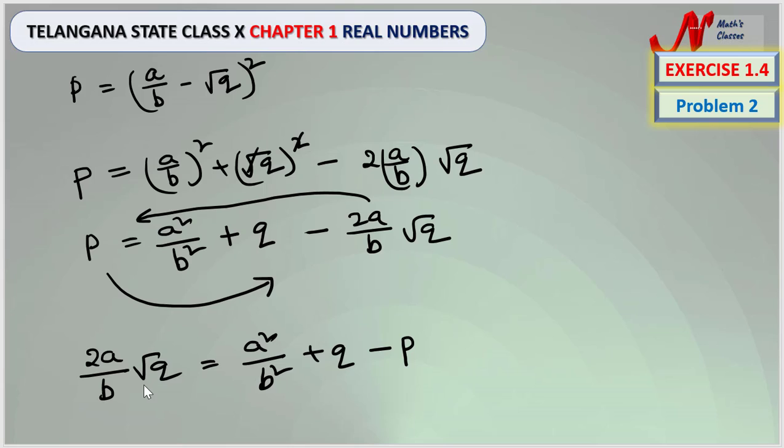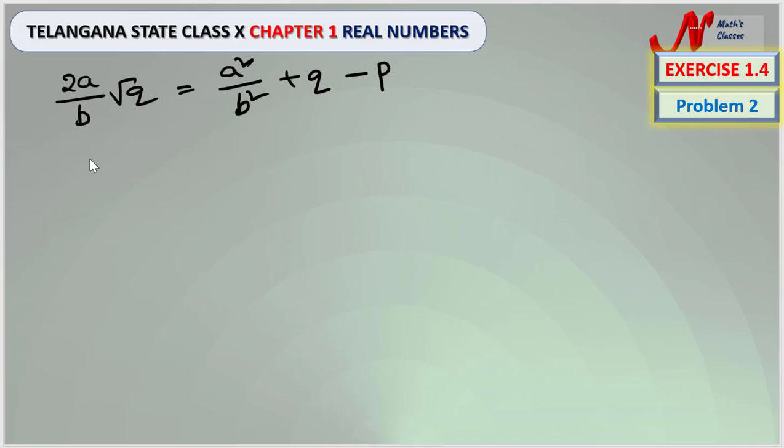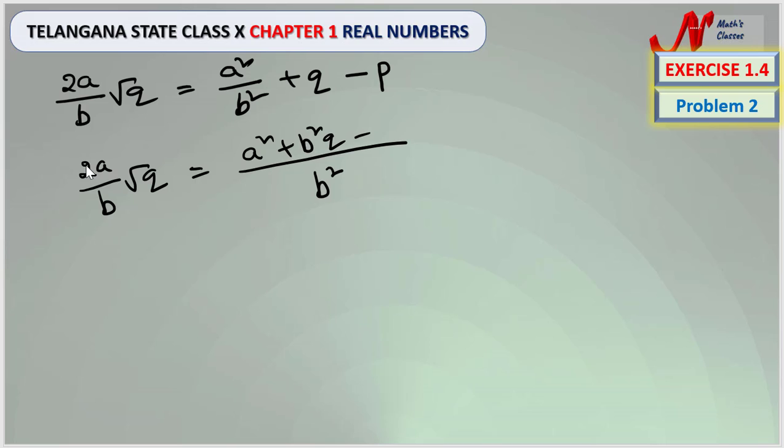Here we require only root q in the LHS, so we transpose 2a/b to the RHS. So this step can be written as 2a/b root q is equal to, taking LCM, (a square + b square q - b square p)/b square. Since we require only root q in the LHS, we transpose 2a/b to the RHS.